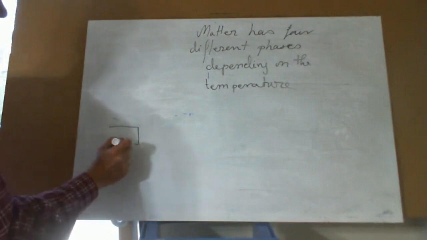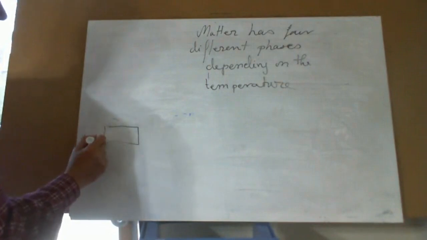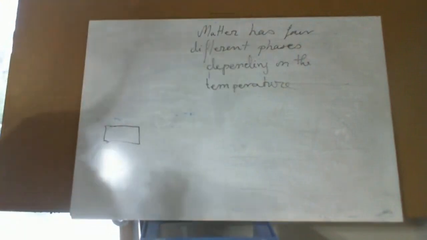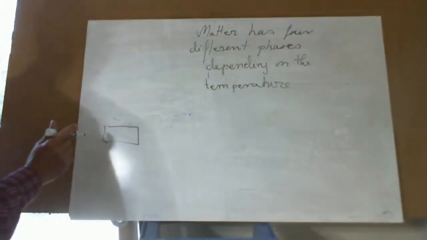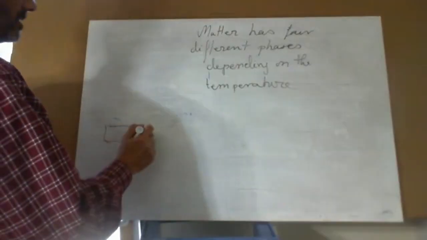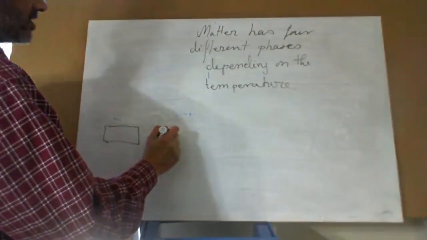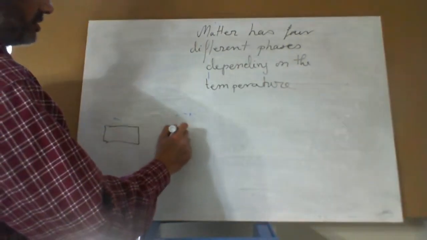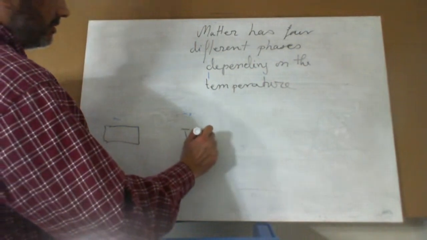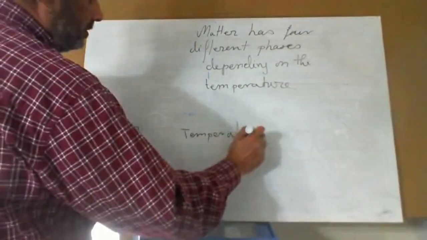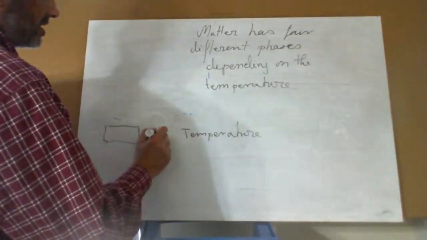So at the lowest temperature, most materials, 99.9% of the materials, are solids. This is the lowest temperature.